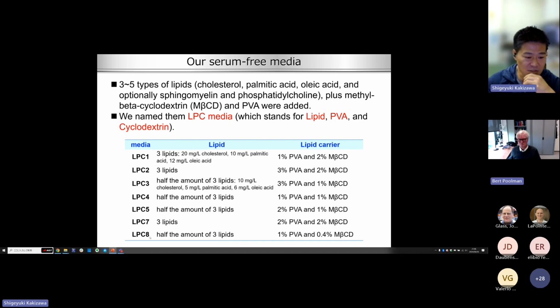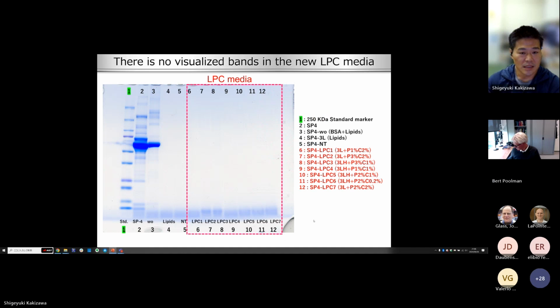We made several versions of LPC media with various concentrations of lipids and lipid carriers. There is no visible band in the new LPC media. Almost no band, but still there is a small peptide, with no obvious larger band compared to the FBS.